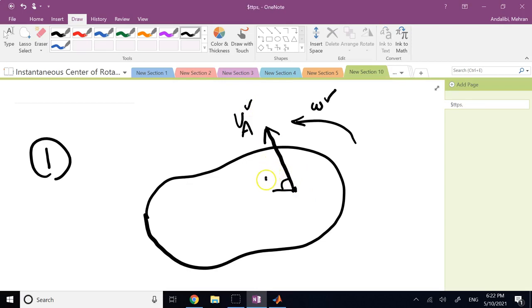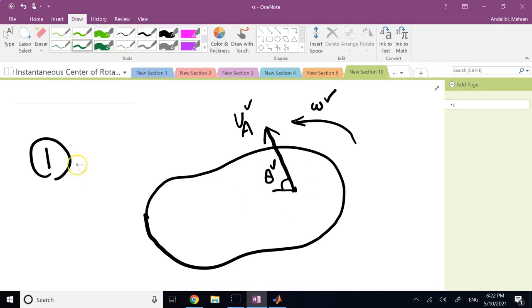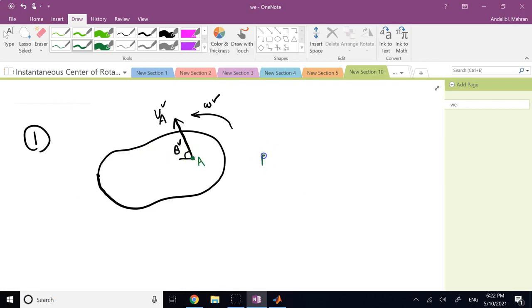If I say that, can you find the instantaneous center for this rigid body? Yes. You know that velocity of any point is always equal to its distance from the instantaneous center times omega. So the radial distance from point A to the center R is clearly equal to magnitude of its speed divided by omega of the rigid body.